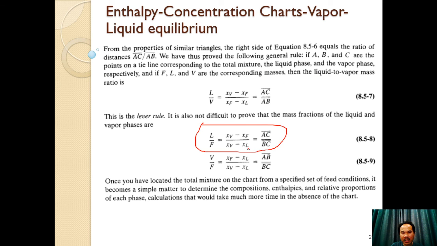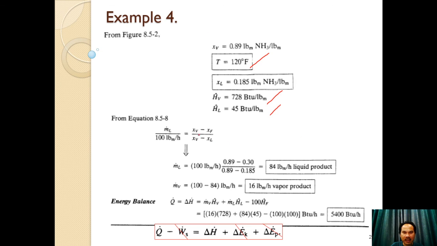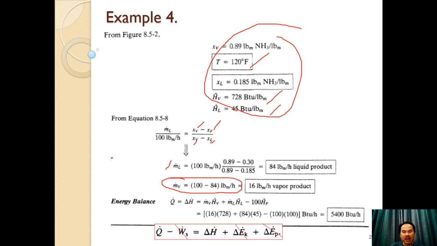XV minus XF over XV minus XL. You know XV, you know XF, you know XL. Right? From this already. And then you can find MV. You talk about the total mass balance. For this case, the total mass balance, 100 pound mass per hour equals MV plus ML. You can solve for MV.